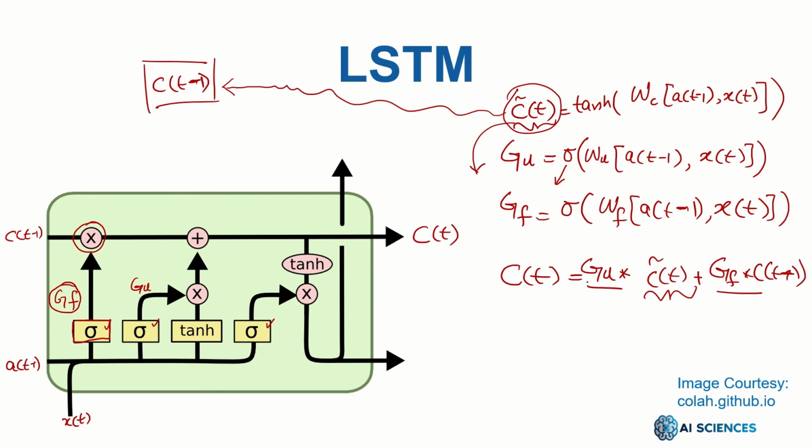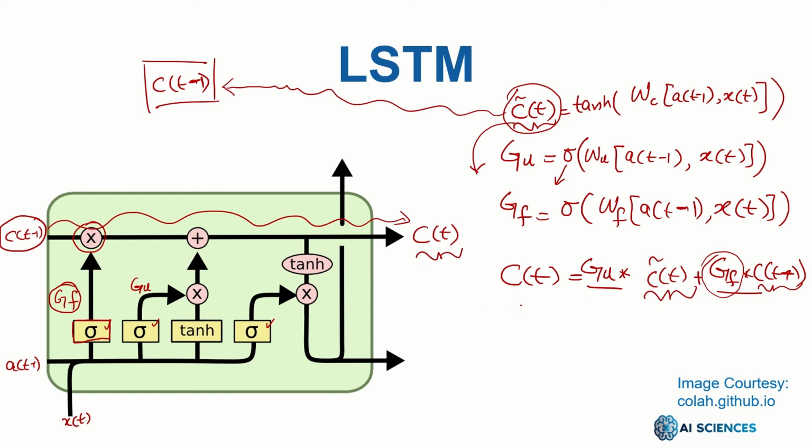On the other hand, if the update gate is 0 and the forget gate is 1, then we will keep the original value as it is and we will not update it. So either this memory will pass through the network as it is, or it will be updated to a more recent memory that might be required.